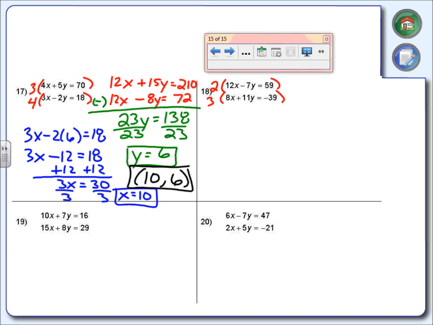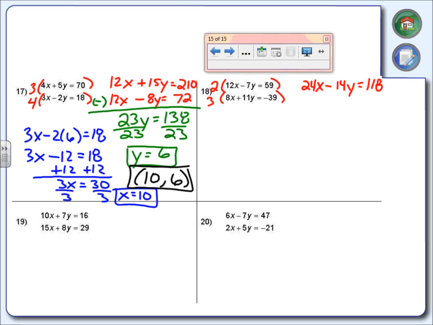2 times 12x is 24x. 2 times a negative 7y is a negative 14y. And 2 times 59. What's 2 times 59? 118. So there's the first equation.